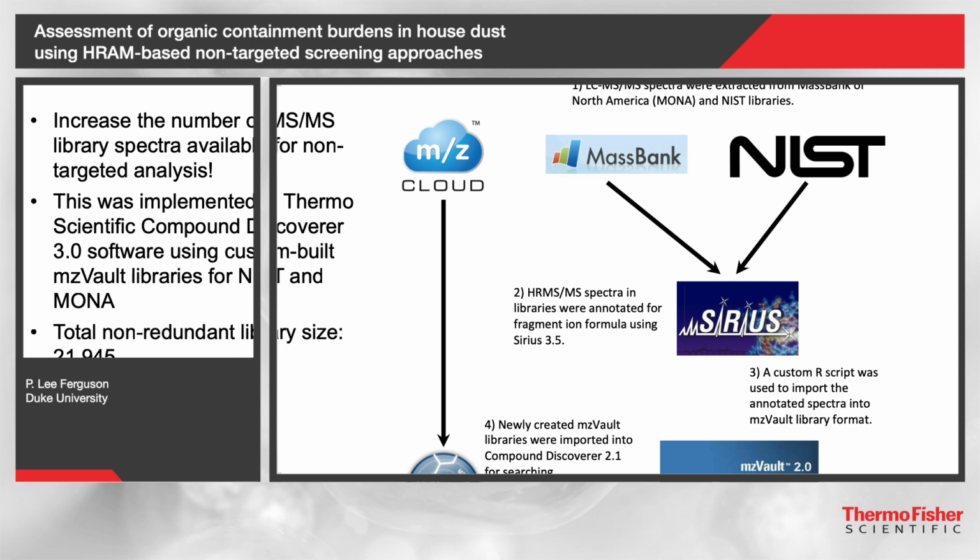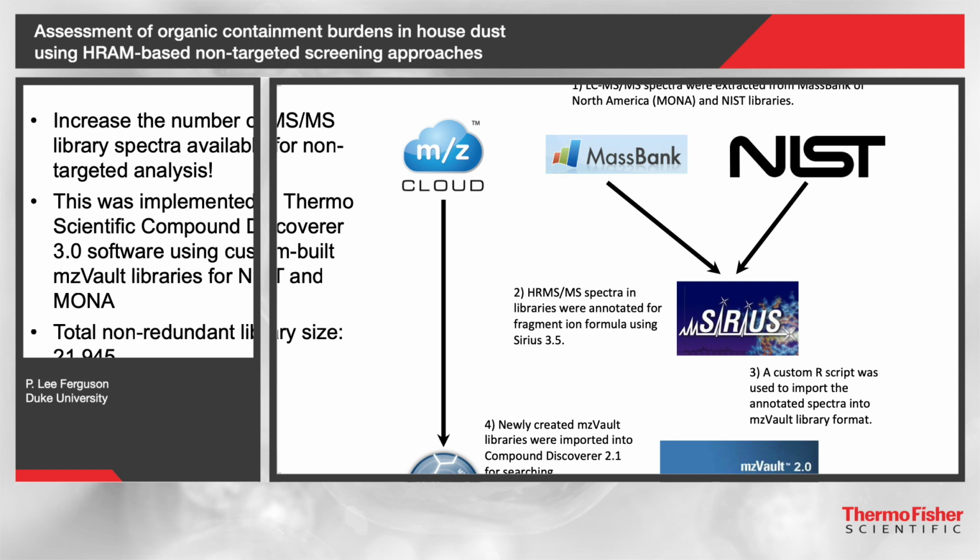And what you can see is that, at least in 2017, NIST had the largest number of unique compounds represented, followed by MassBank and then mzCloud. mzCloud, of course, is getting bigger, as we heard yesterday. But what's interesting is that most of the compounds in each one of these databases are actually unique to those databases. So there's not as much overlap among these spectral libraries as you might think. So putting them all together gives us a lot more compounds that we can select from.